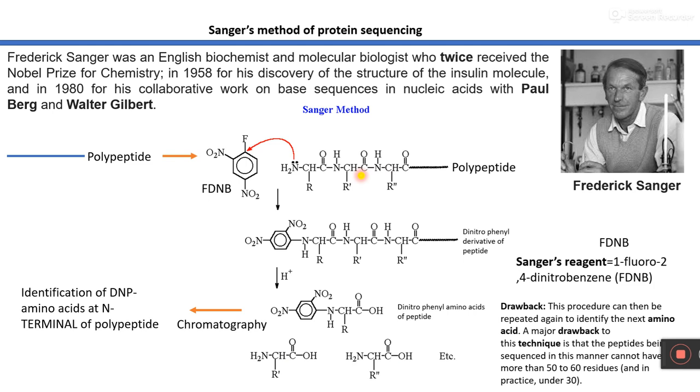That is, peptides with only 60 amino acid residues can be sequenced properly by this method. These two drawbacks were mitigated by the invention of another method of protein sequencing, that is Edman degradation method.